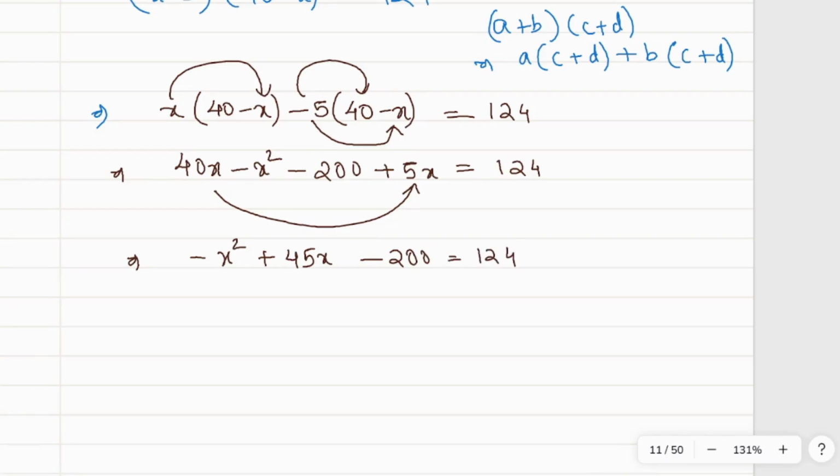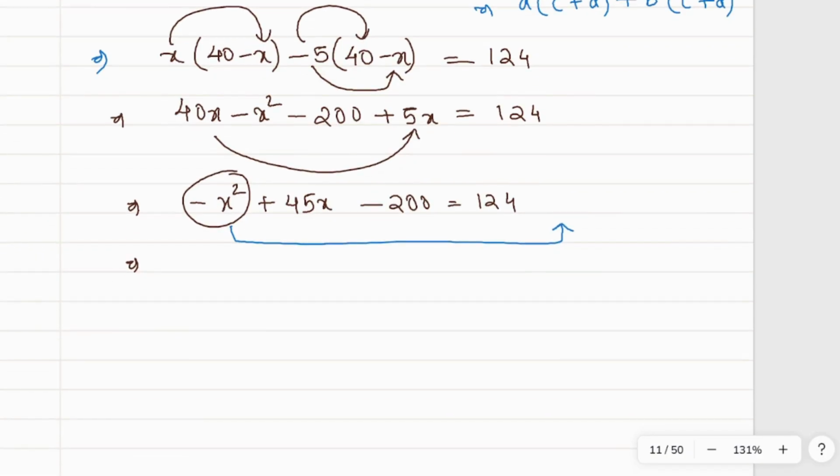Clear? So here, in order to remove the negative signs, it will be better if I take these numbers to the right hand side. So what will happen? 124 plus x square minus 45x plus 200 equal to 0. When minus x square is taken to the right hand side, it becomes positive x square.